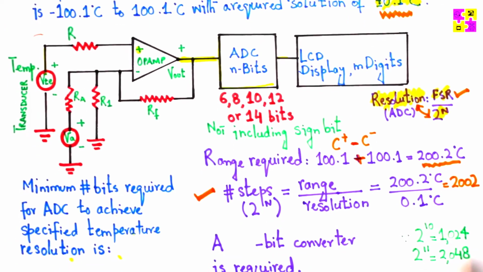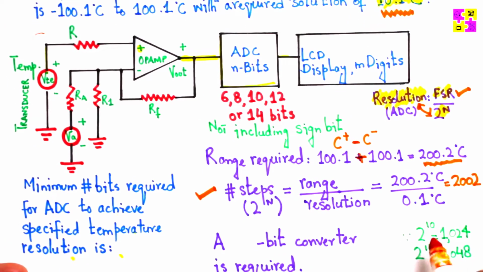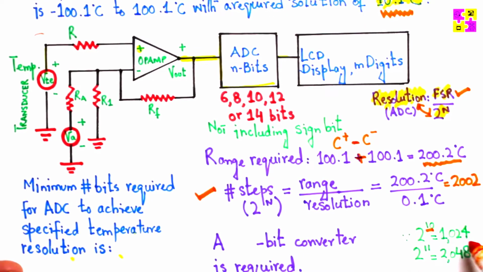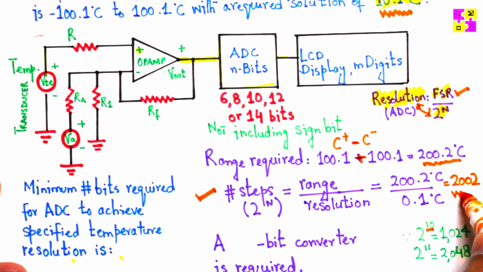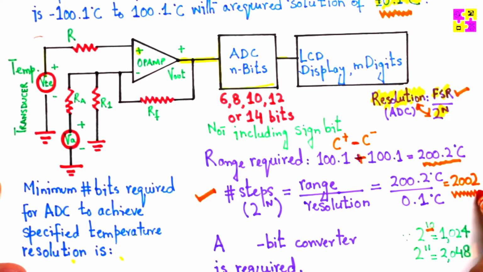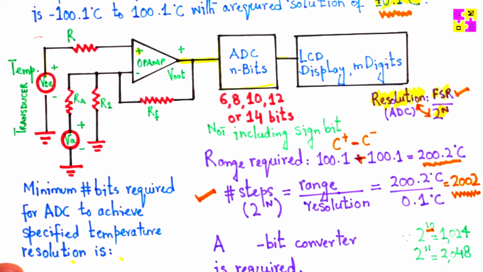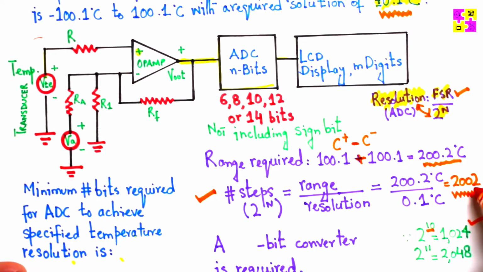Now again, if you do a little bit of math, if you take 2 to the power n, where n equals 10, that gives you 1024 steps. We are looking for a number of bits that would give us a range which will include this number right here. It needs to be equivalent to this or greater, correct? Not less than that. So 1024 is less than 2002.